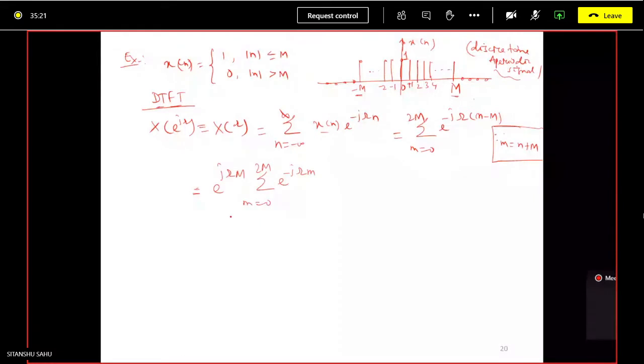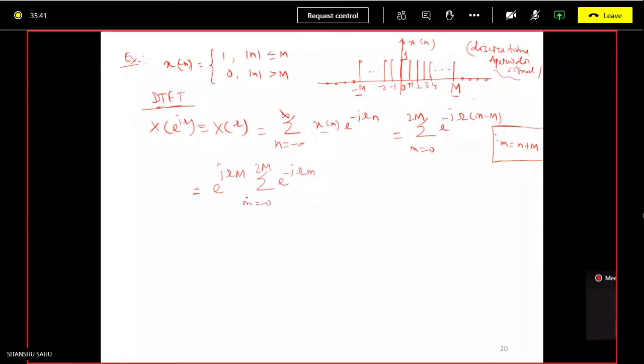This is the function, and I can write this as a combination of sine and cosine functions, since e to the power j omega is cos omega plus or minus j sine omega.